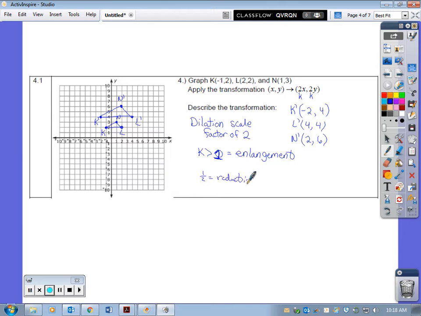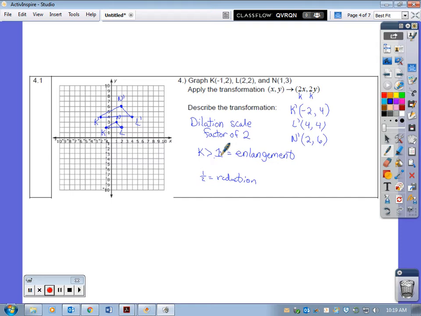Your size is going to get smaller. Okay, so I apologize for that. K greater than 1 is an enlargement. Okay, it's going to get bigger. I'm going to make this neater for you guys. We'll talk about that more in a future lesson, but I just wanted to bring that to your attention so you can see it.